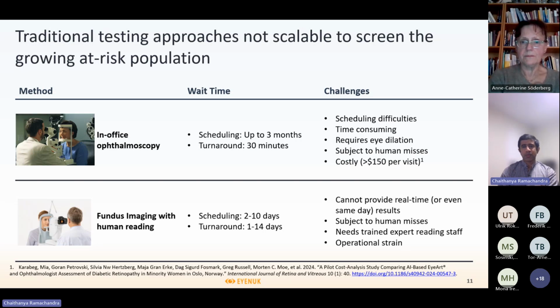Now, in-office ophthalmoscopy comes with scheduling difficulty. It could be hard to get an appointment with the ophthalmologist. It can be time-consuming, generally requires a dilated eye, and this is not always something that patients like. It can be subject to human misses.